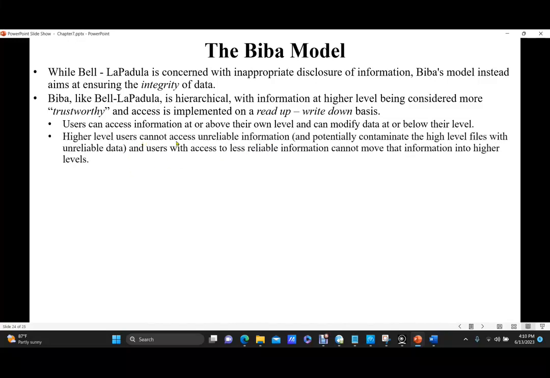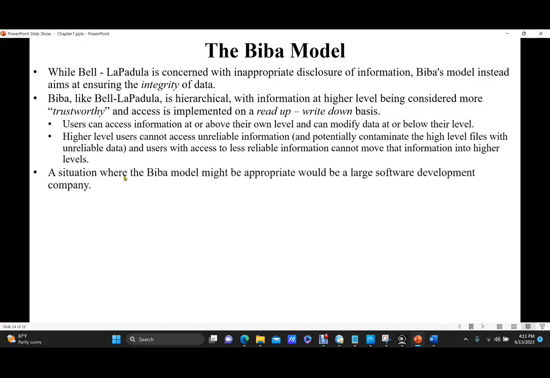High level users cannot access the less reliable information, which they could potentially contaminate high-level files with unreliable data. Users with access to less reliable information cannot move that information to higher, more reliable levels.